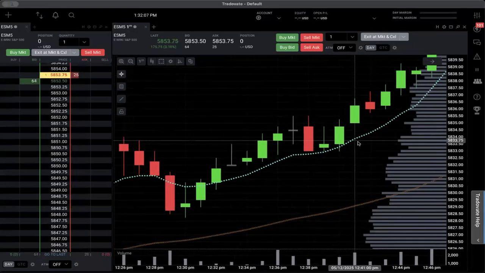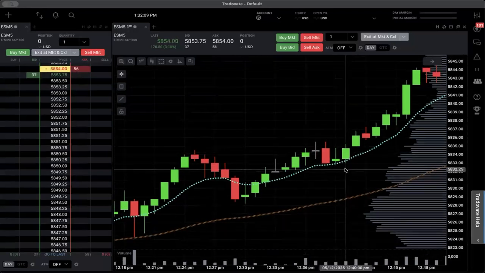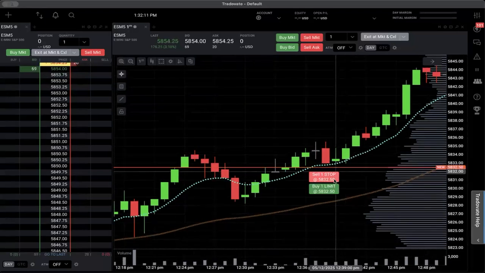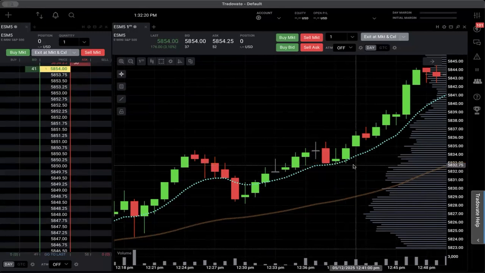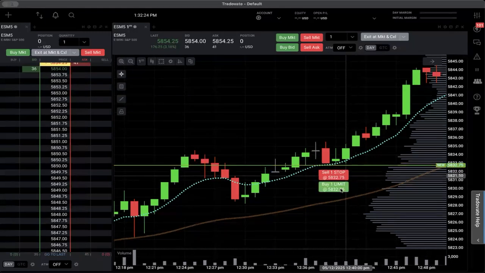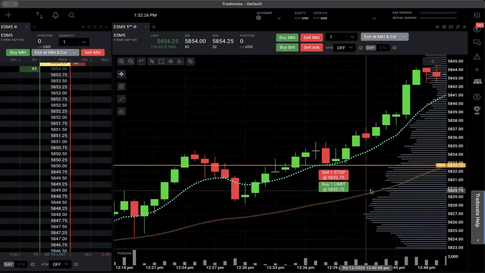So if we say, all right, we're going to set our stop loss here, I don't need my calculator at that point. Now, if I'm in this trade and we start going up, my stop loss is still below the 9 EMA, right?